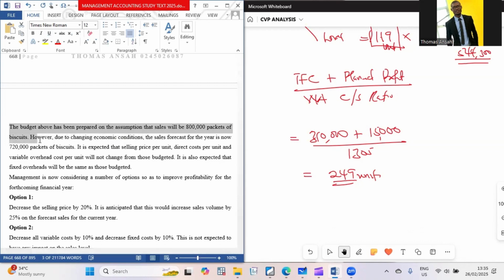I think this is just one product, right? However, due to economic changes, forecast is now 720. It is expected that the selling price per unit, direct cost, and so on, will not change. Of course, that's what we learned within the level of activity. It is also expected that fixed overhead will be the same as those budgeted.